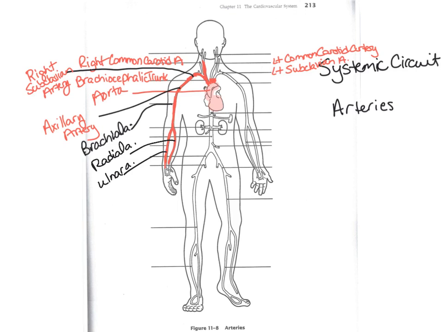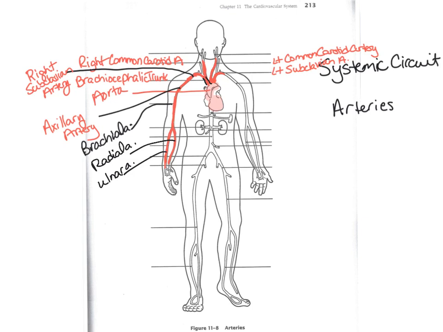So now the difference between the right and the left side is the right side had a trunk. So it had this brachiocephalic trunk. On the left side, there's no trunk. So those major blood vessels like the left common carotid come right off the arch of the aorta. And then the left subclavian comes right off of the aorta.